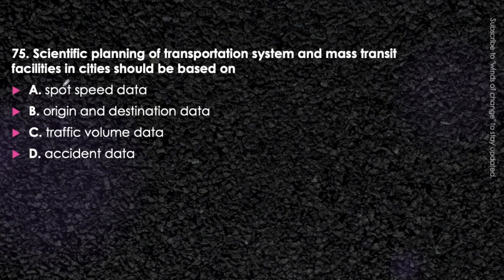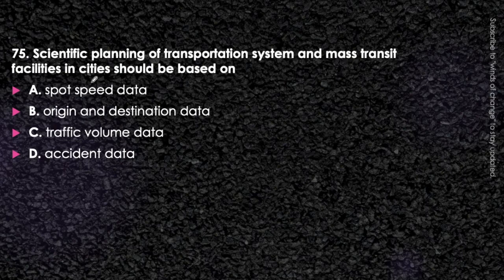Next question. Scientific planning of the transportation system and mass transit facilities in cities should be based on spot speed data, origin and destination data, traffic volume data or accident data. We are talking about the scientific planning of the transportation system and mass transit facilities. For that purpose, we should know the traffic count that will be flowing between 2 stations.